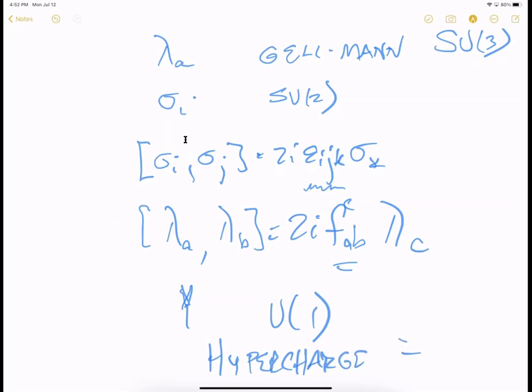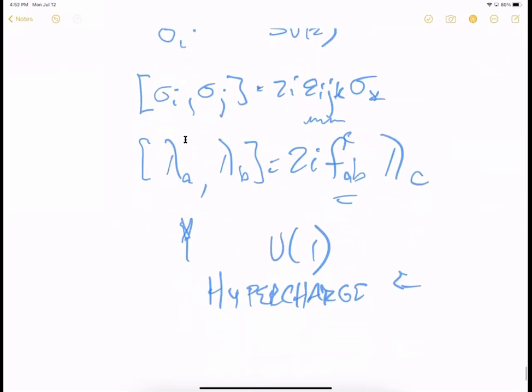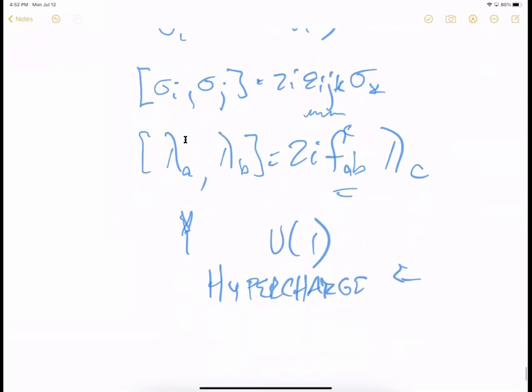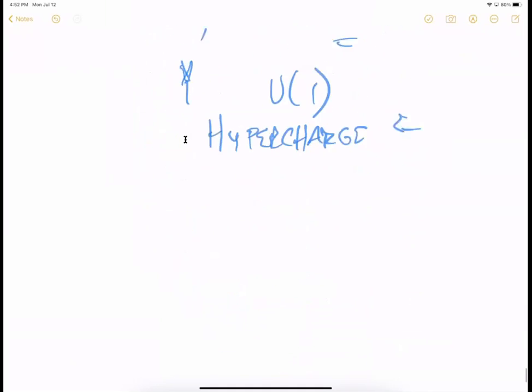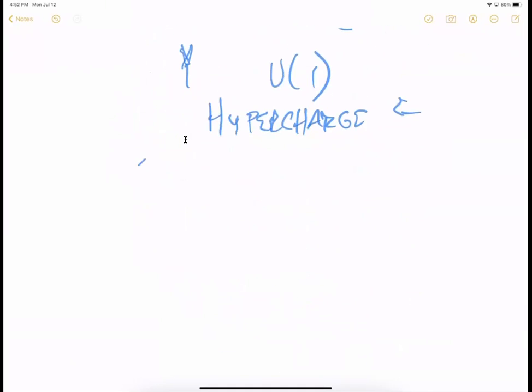And this isn't quite the same definition. We gave a hypercharge when we were looking at flavor symmetry, but it comes out in pretty much the same places. So then we define some one forms dual to the generators, the Pauli matrices.